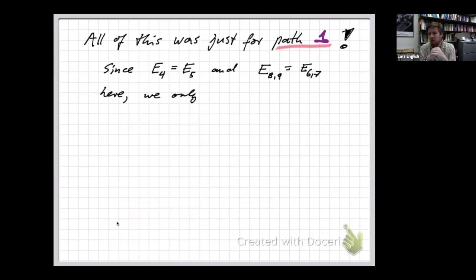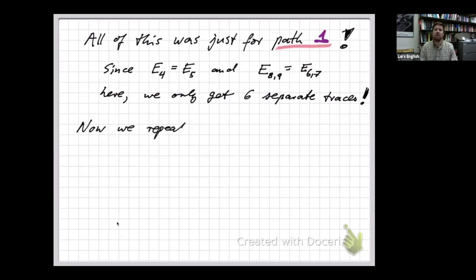But also notice that E4 and E5 were the same, same energy formula, and 8 and 9 was equivalent to 6 and 7, so nothing new there as well. So we only get 6 separate traces, because we have some duplication. So we only get 6 energy curves that are associated with path 1.